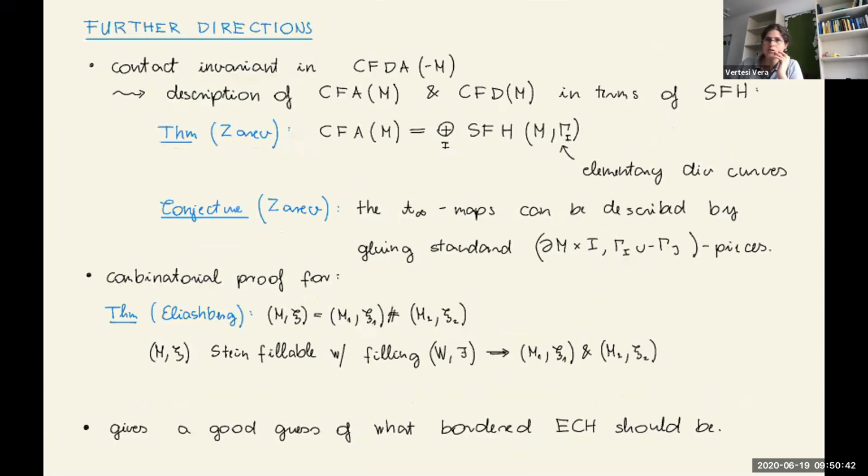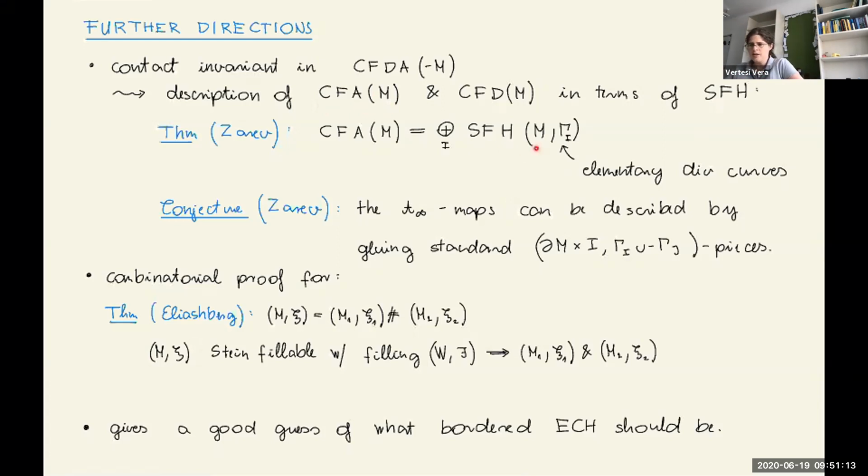Another thing you can do with these foliated open books is go a little bit farther with what Zarev did. He managed to describe the bordered Heegaard Floer homologies using only sutured Floer homology.